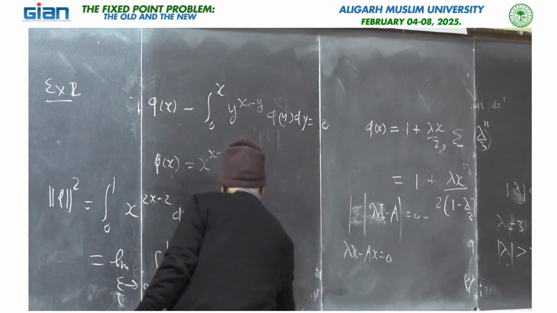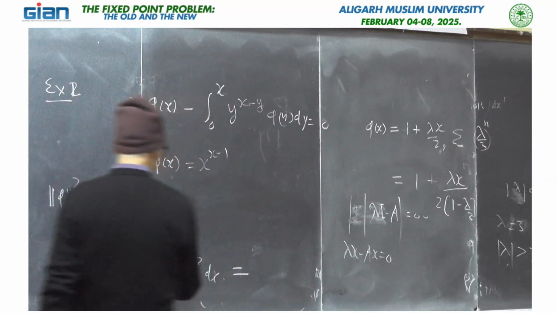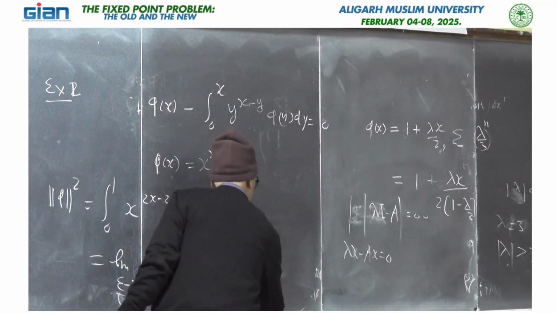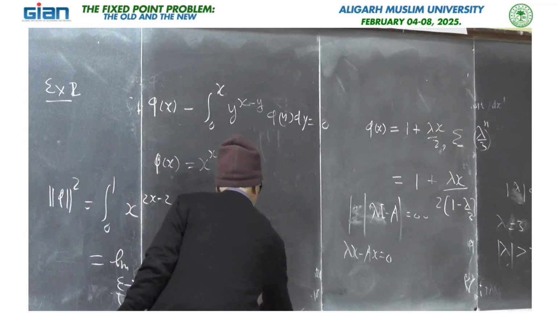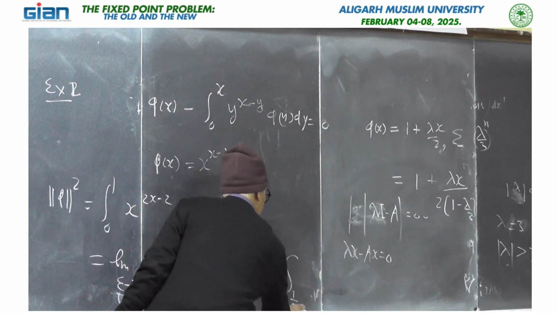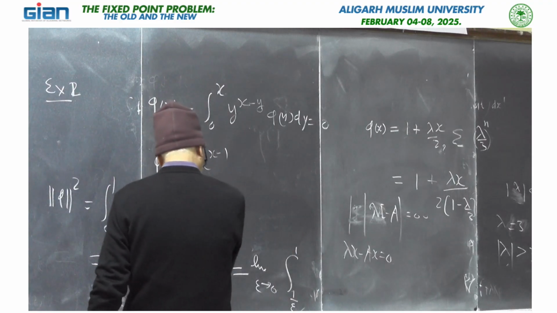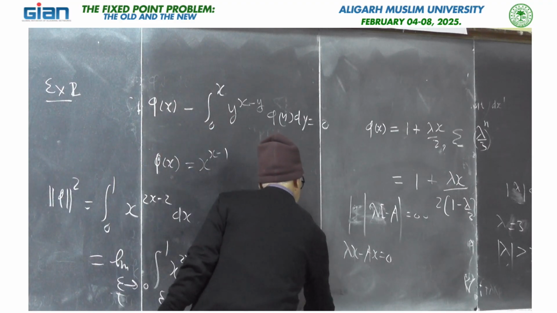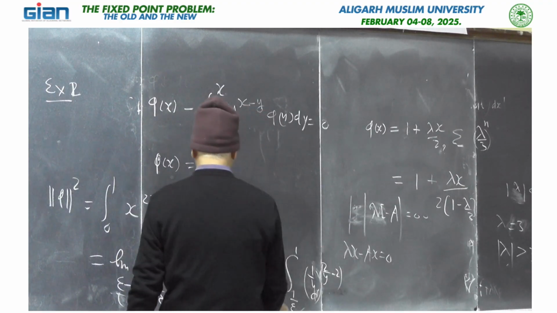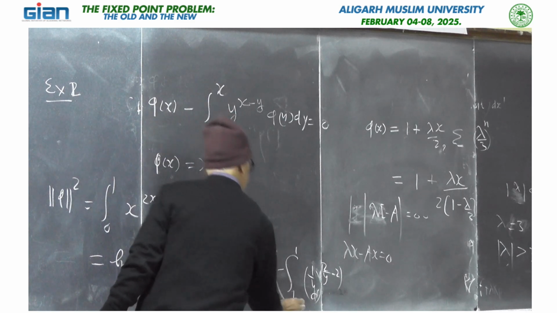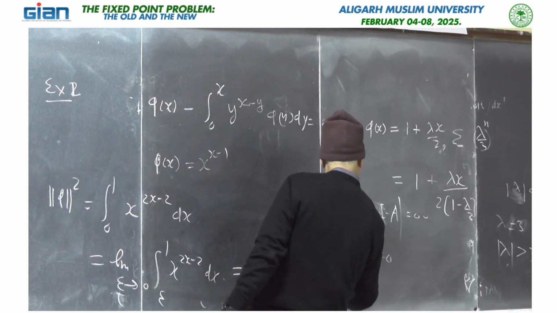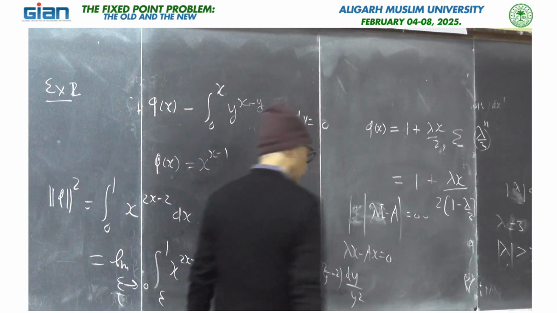So let's put x equal to 1 over y. Then it is the limit as epsilon tends to 0, the limits become 1 over epsilon and 1, and 1 over y to the power 2 over y minus 2, and here you will get a minus sign because of dx equal to minus dy over y squared.